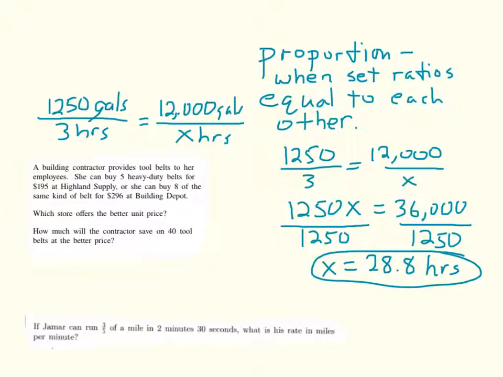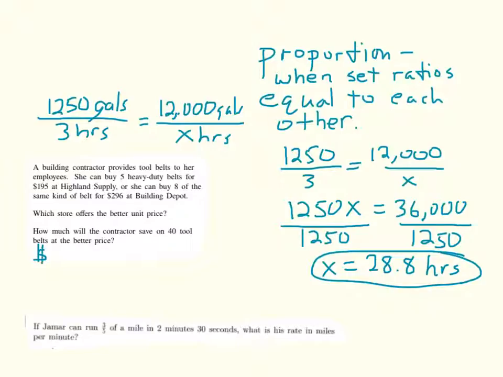Okay, let's take a look at this next problem. A building contractor provides tool belts to her employees. She has 5 heavy-duty belts for $195 at Highland Supply, or she can buy 8 of the same kind of belt at $296 at Building Depot. Which store offers the better unit price? So we just want to find a unit cost for both of those scenarios. So we're going to put the dollars on top.